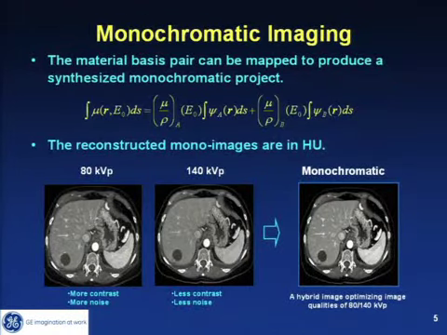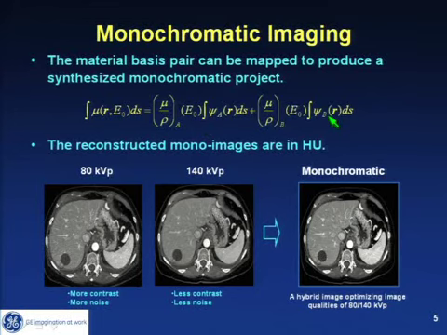So if we carry this further, since we can always represent the mass attenuation coefficient of a third material by the two basis materials, you can show that the projection measurement, which is a line integral of attenuation coefficient at a specific energy, can be expressed as a linear combination of the two density projections.